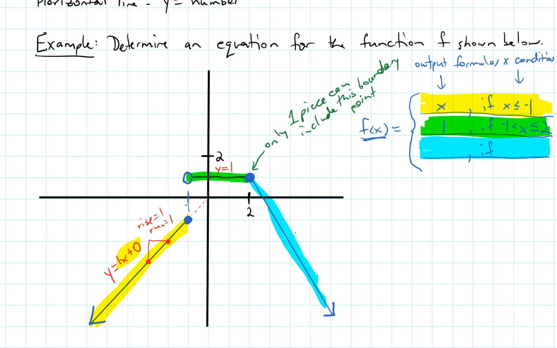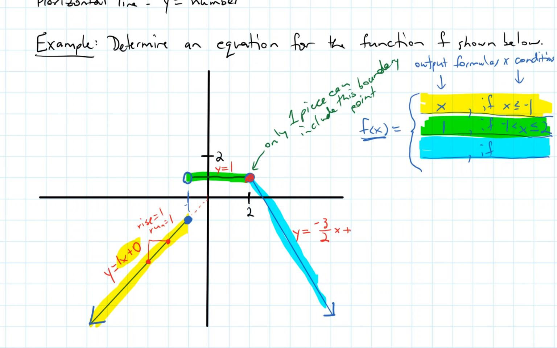So now let's look at the blue piece. We need y equals mx plus b again, so I need my slope. If I start up here at this point, my rise is -1, 2, 3, and my run is 2. So my slope is -3/2, so that's my m, times x, plus my b value.